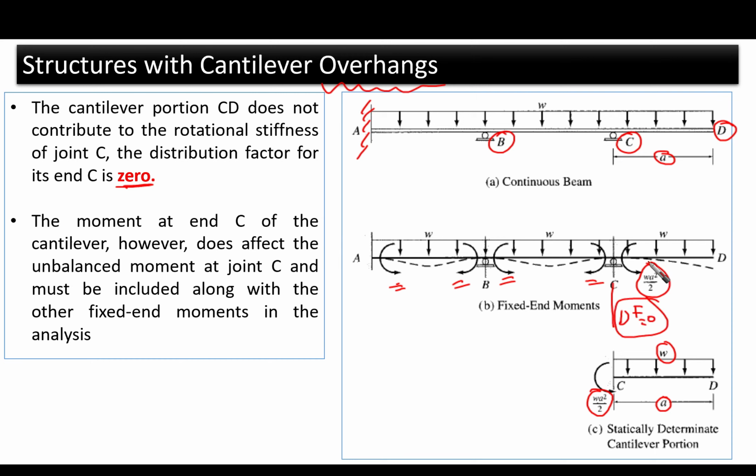We just put the moment, but its contribution to the stiffness of the point is going to be neglected. The moment at the end C of the cantilever, however, does affect the unbalanced moment. That's right. This is why we are going to take this moment into consideration, but the stiffness of this part is not going to be taken into consideration.